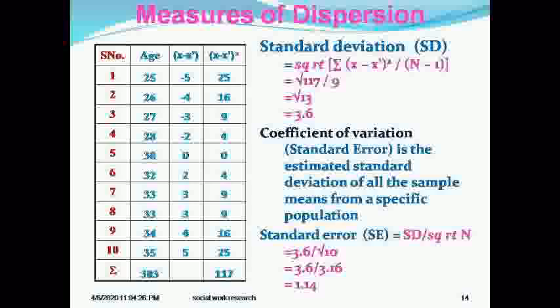Therefore the standard error is 3.6 divided by the square root of 10, which is 3.16, and the value is 1.14. This is called the standard error, or we can say this is the coefficient of variation. Or we can say, if we take all the possible means from a population, the standard deviation of all these means will be 1.14.